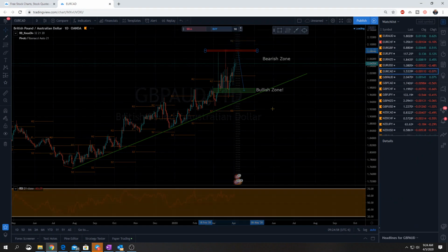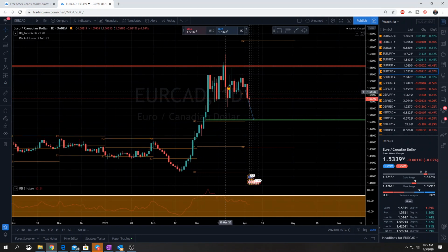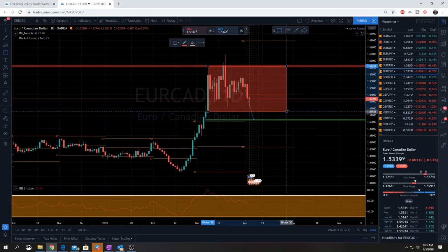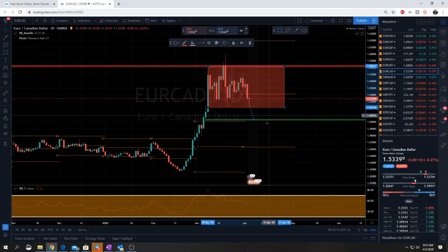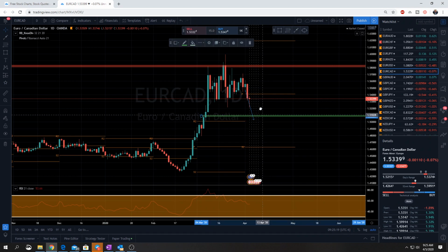So, Euro CAD. Oh, we had a head and shoulders. Look at that. And we're still kind of in this box. See this box right here? Don't pay attention, that's red. So we could just range trade in between here.